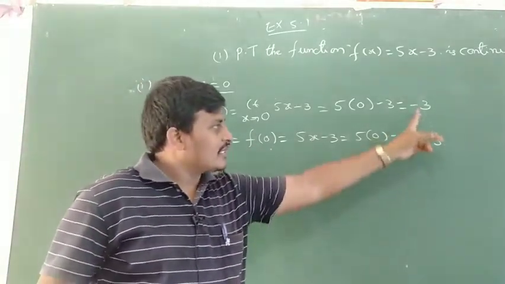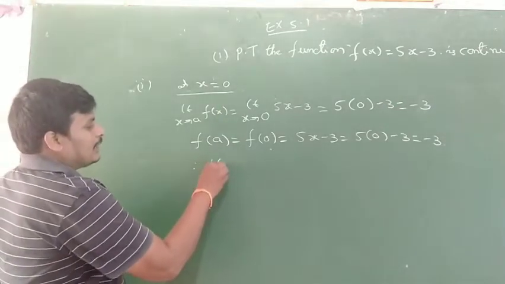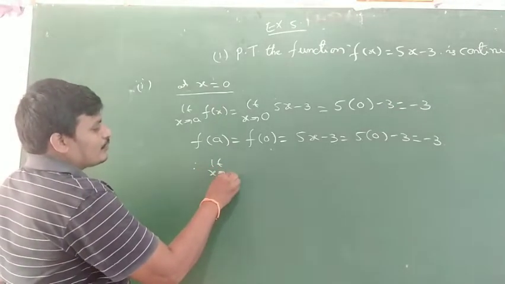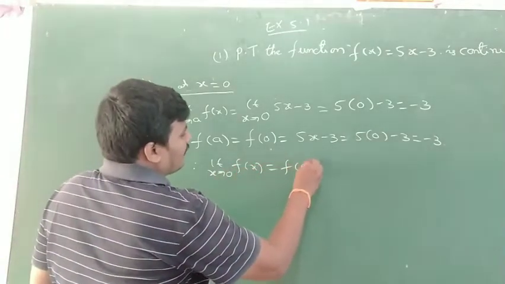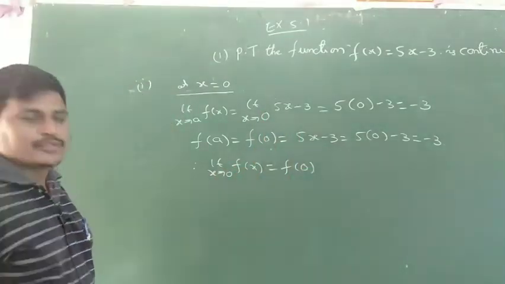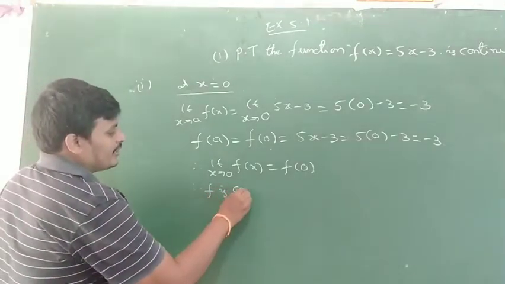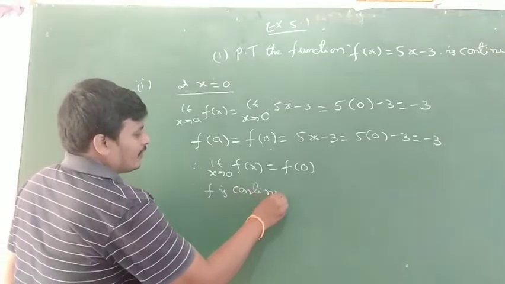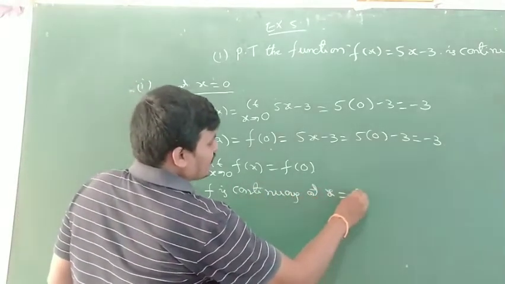Both are equal. Therefore limit x tends to 0, f of x is equal to f of 0. Hence f is continuous at x is equal to 0.